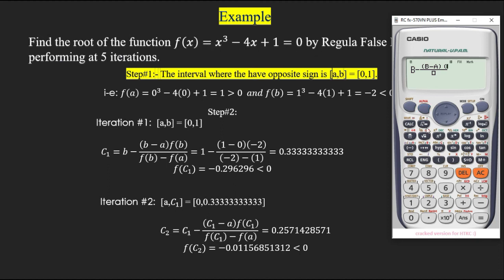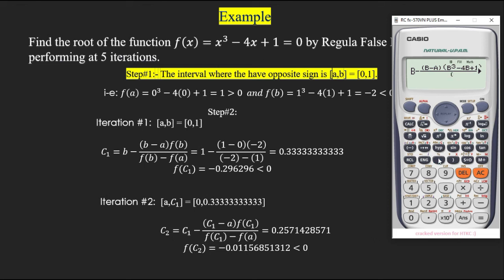So I will write b cube minus 4b plus 1, divided by f of b.